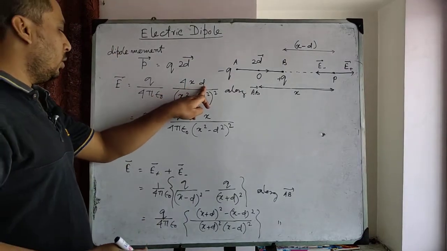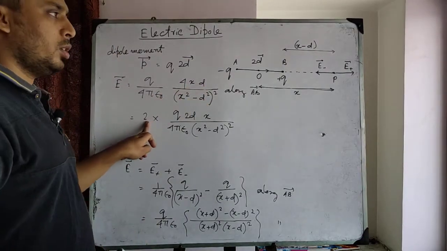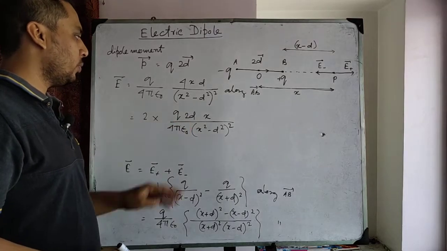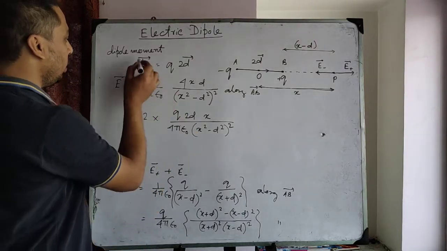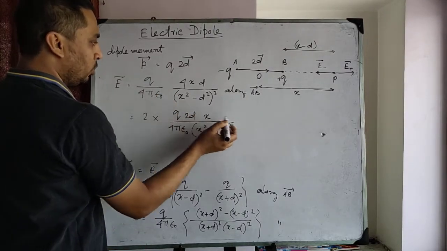This 4d is divided as 2 into 2d, so q into 2d equals the magnitude of p.